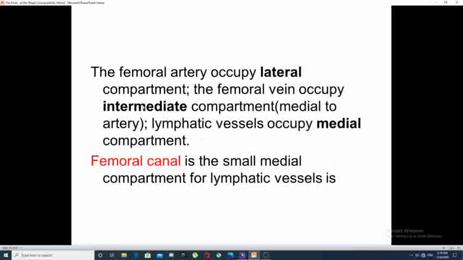It has 3 compartments. The femoral artery occupies the lateral compartment, whereas the femoral vein occupies the intermediate compartment, medial to the artery, whereas the lymphatic vessels occupy the medial compartment.